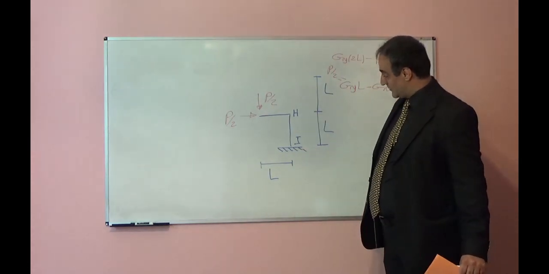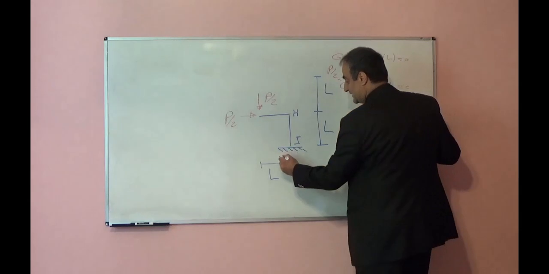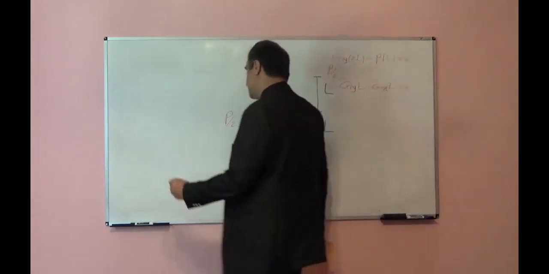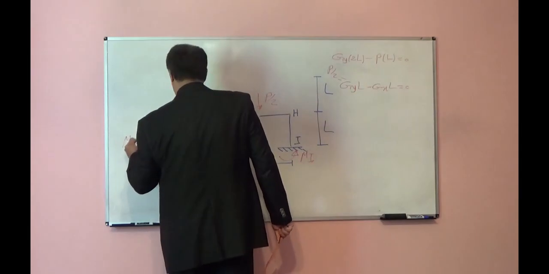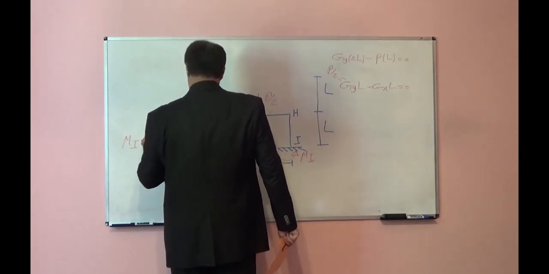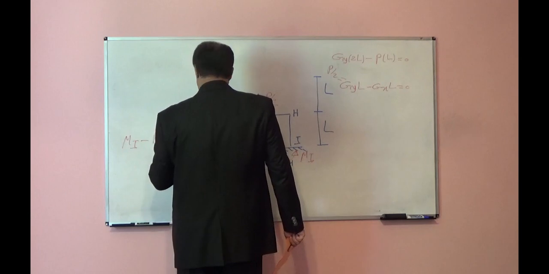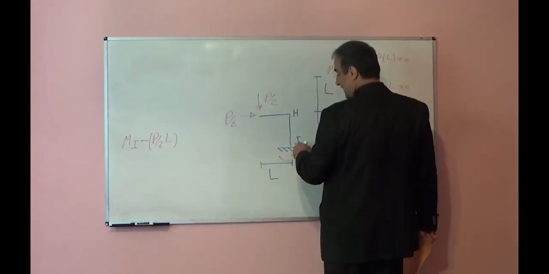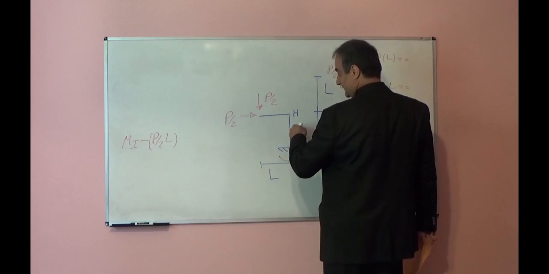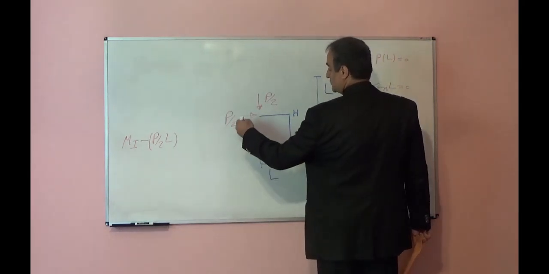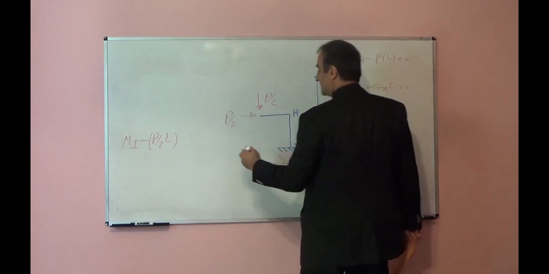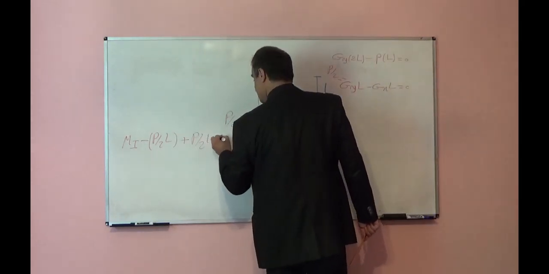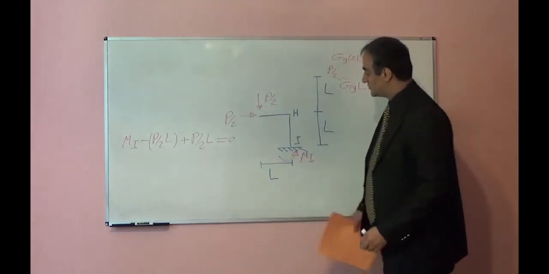Now, what is the moment at point I? If I take moment with respect to I, I will have MI, counterclockwise, minus P over 2 times L clockwise, plus P over 2 times L counterclockwise, is equal to 0.